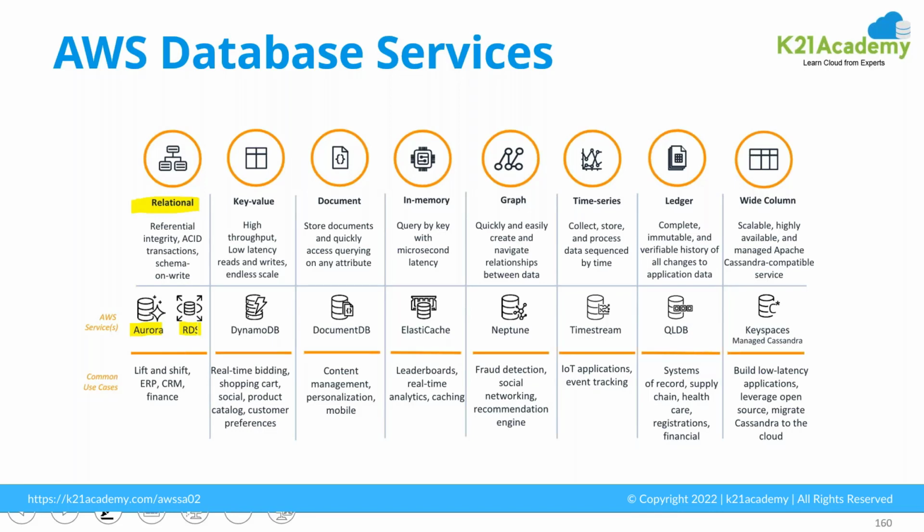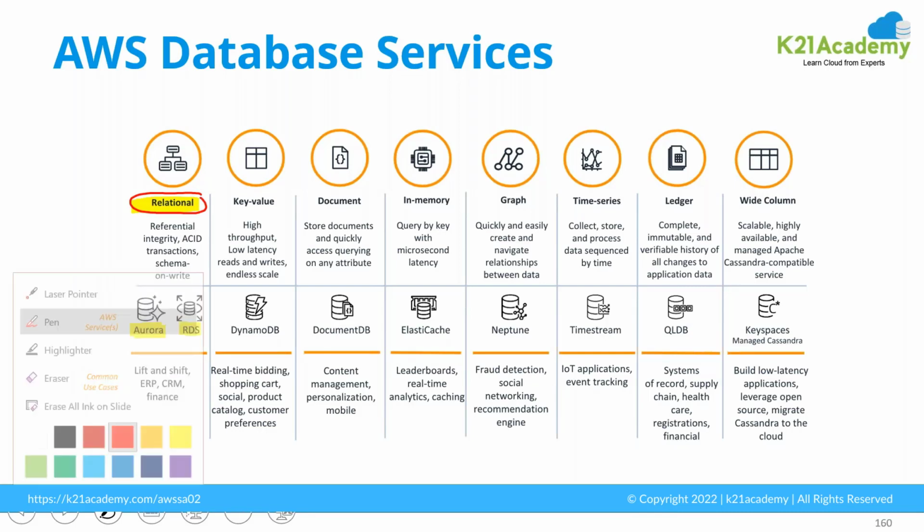These are the two named services available for you to create. If you create an RDS, that is Relational Database Service, or you create an Aurora database, they both are relational database services offered to you by Amazon.